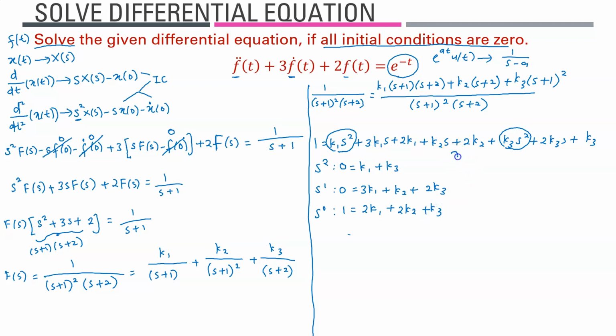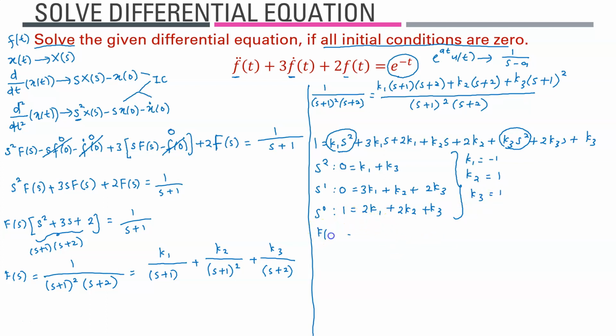So if you solve this system of 3 equations with 3 unknowns, you can use your calculator to solve that. You have k1 equals minus 1, k2 equals 1, and k3 equals 1.